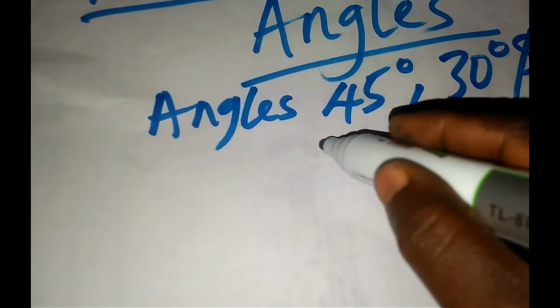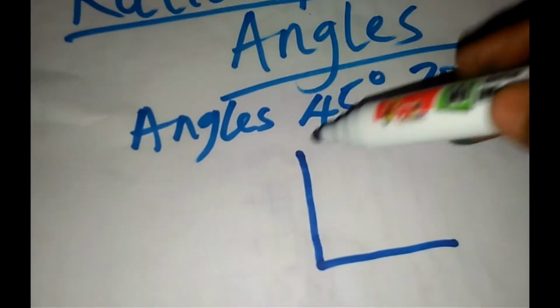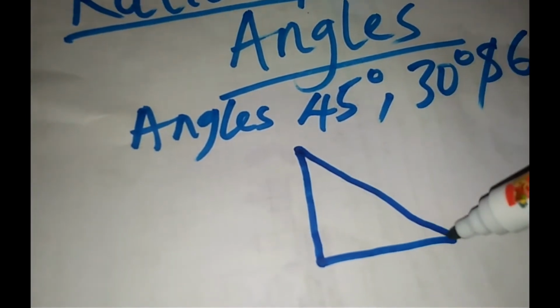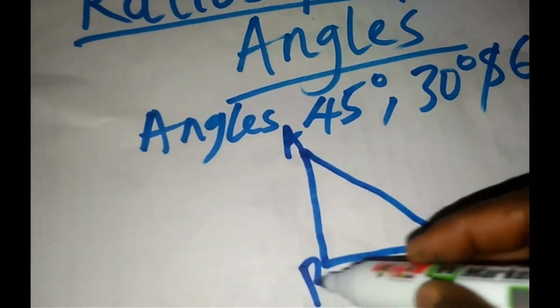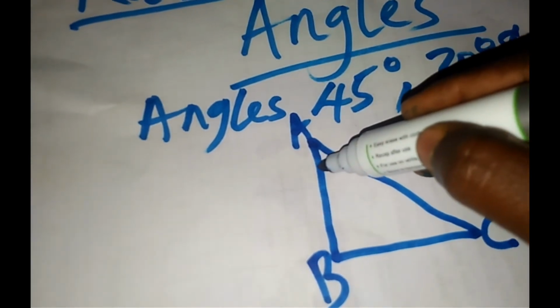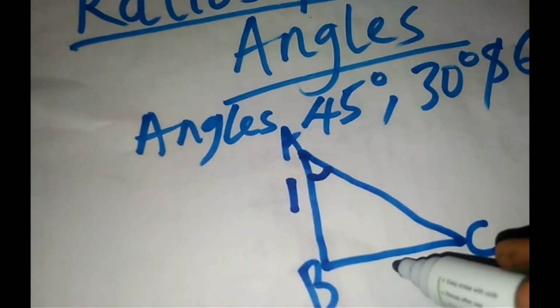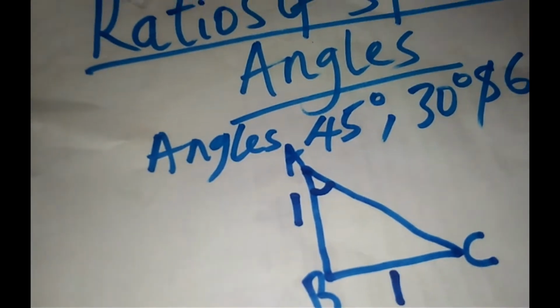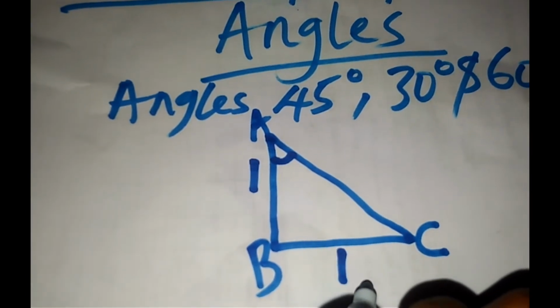So if you have, let's say this is your right angled isosceles triangle, you have A, B, C with this side 1 unit, so makes these two sides equal.